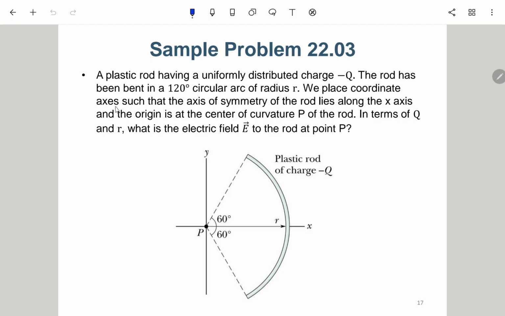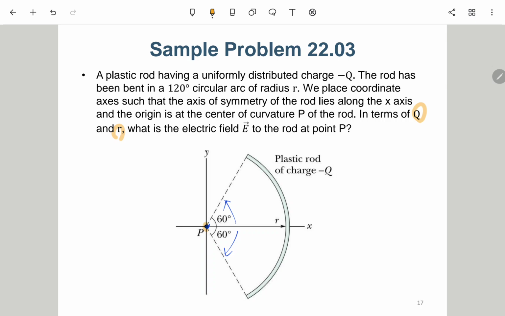We place coordinate axes such that the axis of symmetry of the rod lies along the x-axis, and the origin is at the center of curvature P of the rod. 所以它的意思是我们这个坐标轴的原点在这个圆心的位置，然后它在这个圆弧的中间，所以上面60度，下面60度。And then in terms of capital Q and r, what is the electric field E due to the rod at the point P?